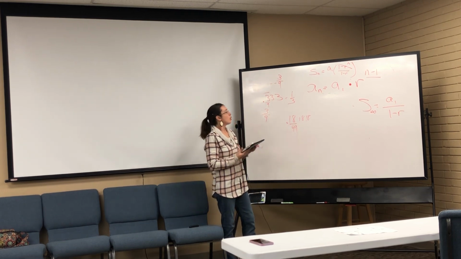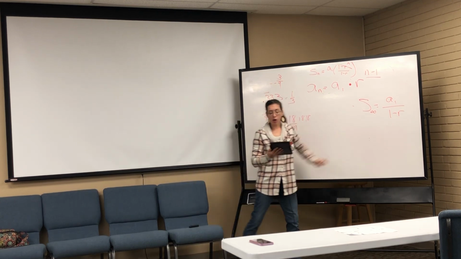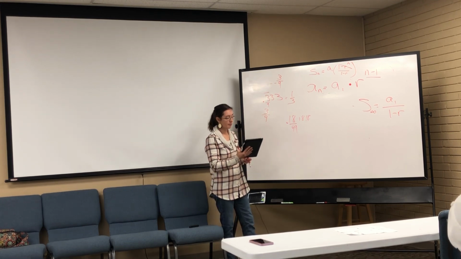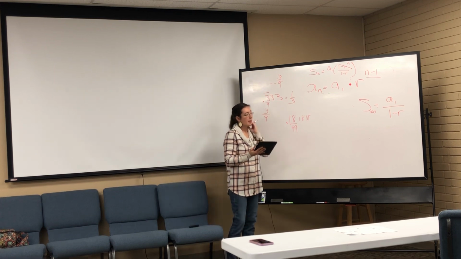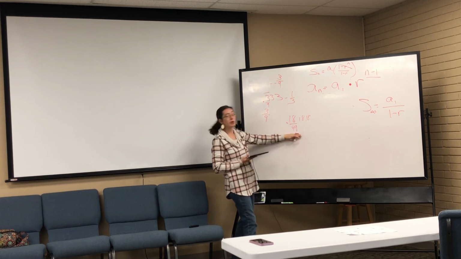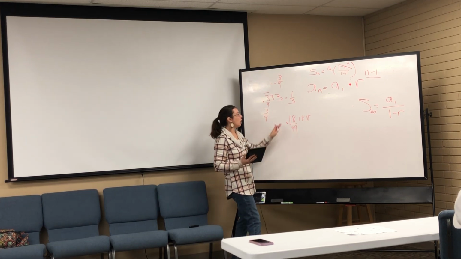Okay. The reason that we get here is actually from our geometric series summation formula. It shows us how to repeat it. And you're welcome to use the shortcut. I'm just going to show you why they say that.